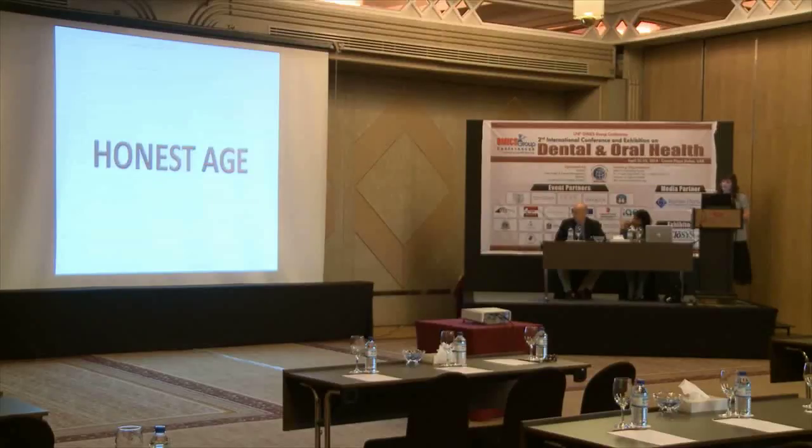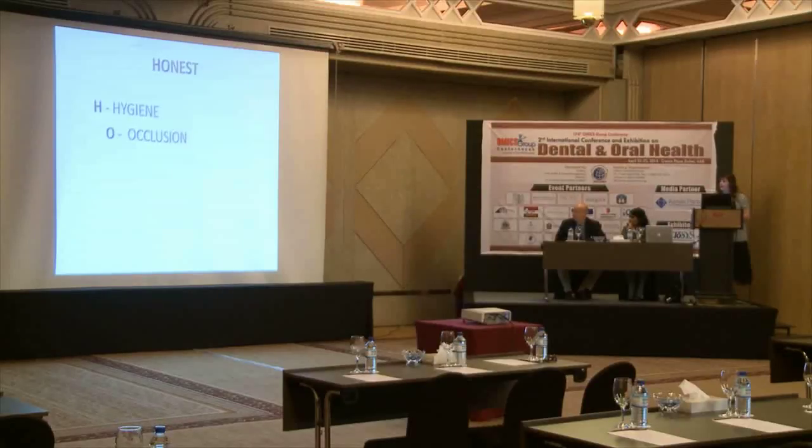In the office that I worked at, we used the acronym Honest Age. I would go through a list with the client and discuss what their regular home care is like, their hygiene. We'd look at the occlusion, how their teeth fit together, whether they're grinders. Nutrition, how they felt on a nutrition level, how healthy they were eating.